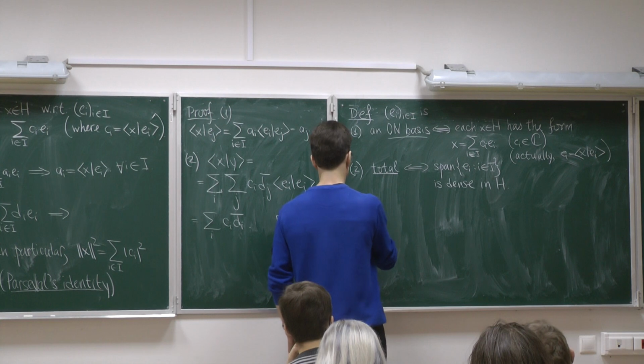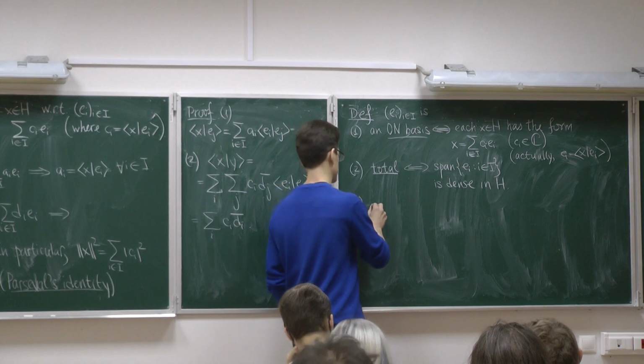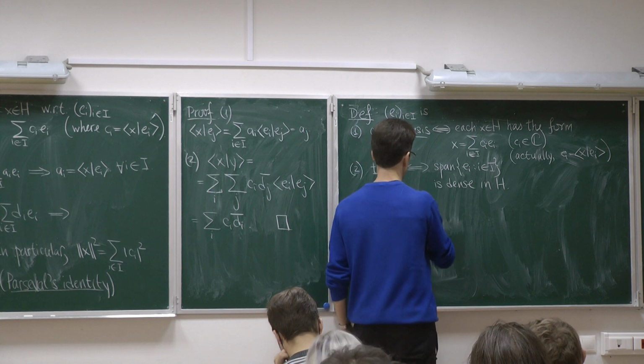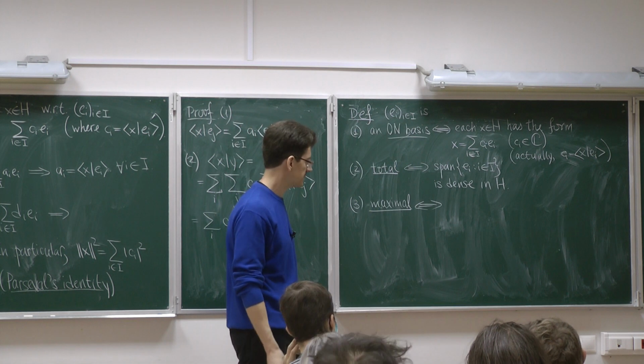And definition 3: we say that e_i is maximal if it is not properly contained in any strictly bigger orthonormal family.